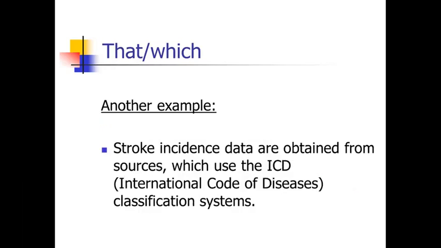One more little example. Stroke incidence data are obtained from sources which use the ICD classification systems. Now notice in the original, this was something I was editing, the authors actually did set it off with a comma, so they thought they needed a which. But actually you can see when you read that the pause there is funny. There really shouldn't be a pause. This is not extra information. If you just stop the sentence at sources, it's a really funny sentence, right?